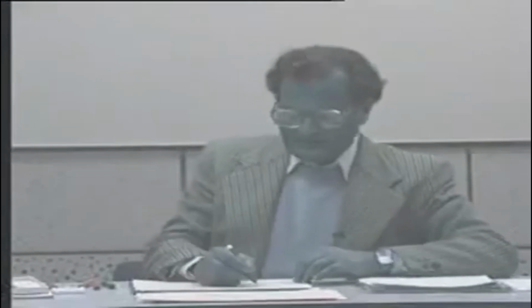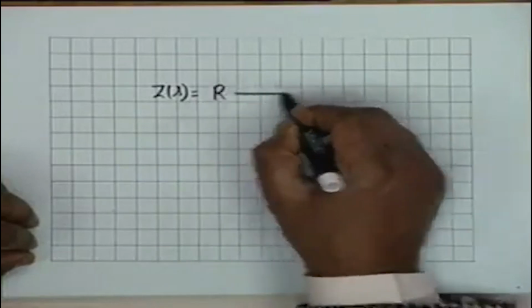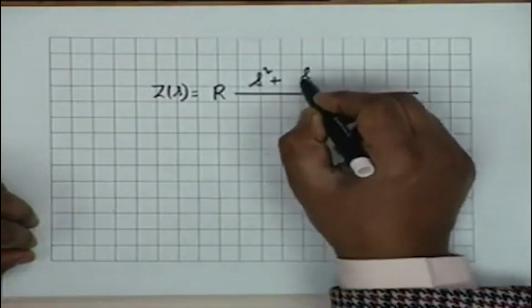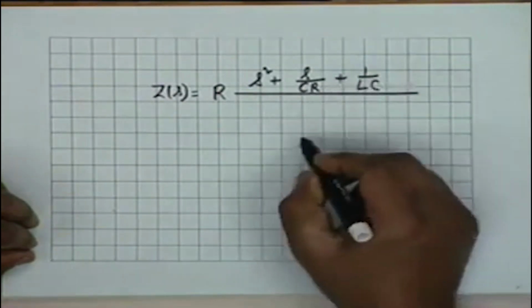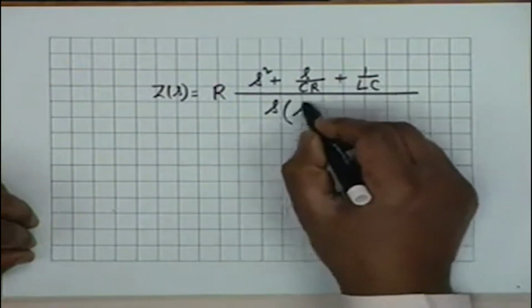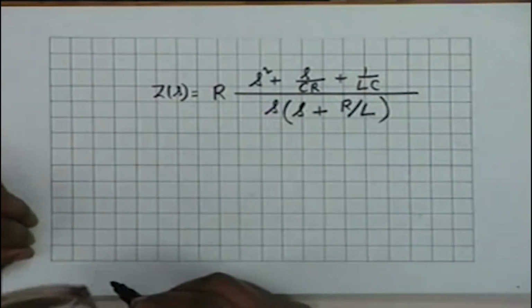Then we get Z of S equal to R times (S squared plus S divided by CR plus 1 over LC) over S times (S plus R by L). Is that okay?